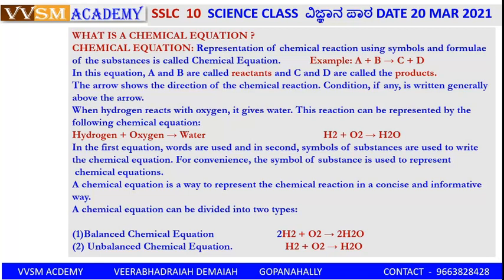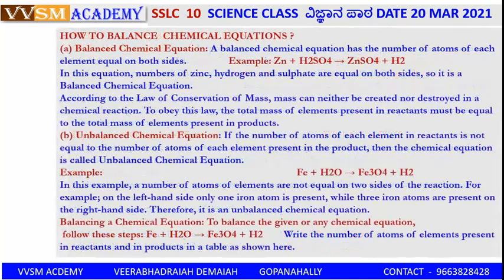Whether it is balanced or not depends upon the nature of the chemical reaction and the equation. Generally, equations we have to balance. How to balance chemical equations? A balanced chemical equation has an equal number of atoms of each element on both sides. Example, zinc combines with sulphuric acid, gives zinc sulfate and hydrogen.